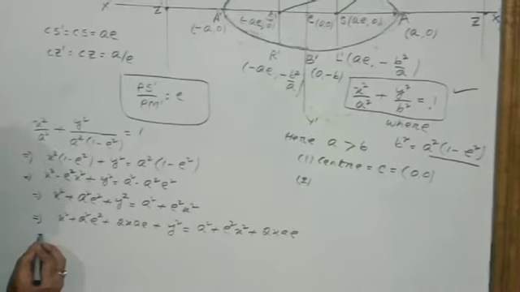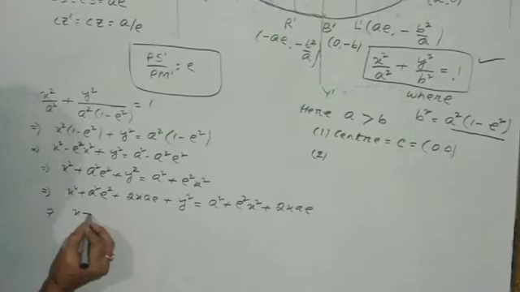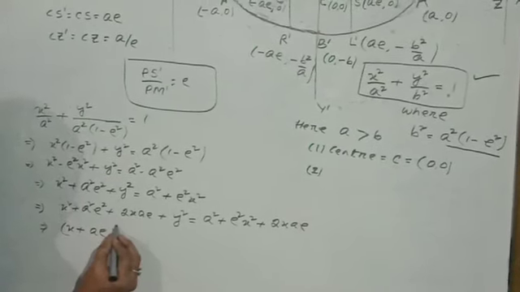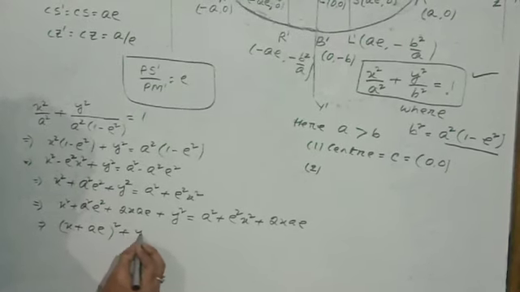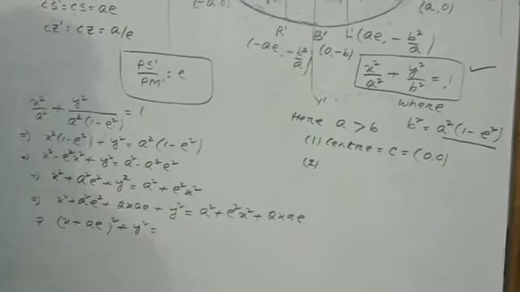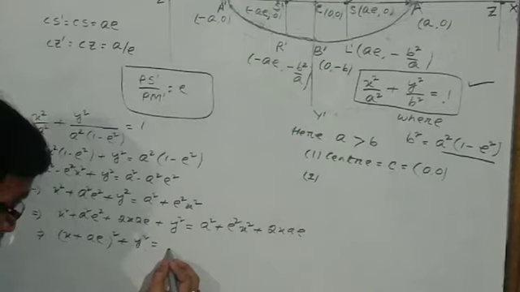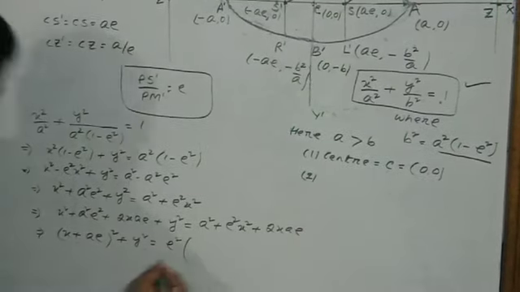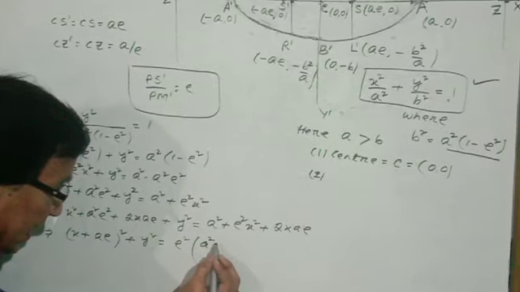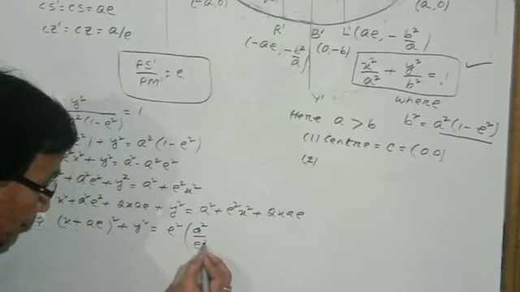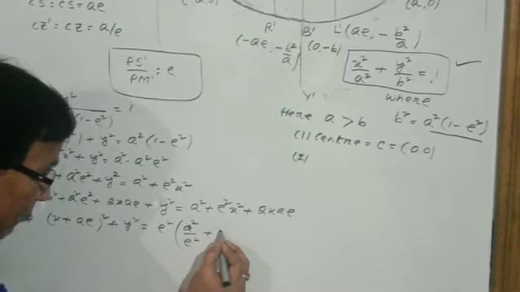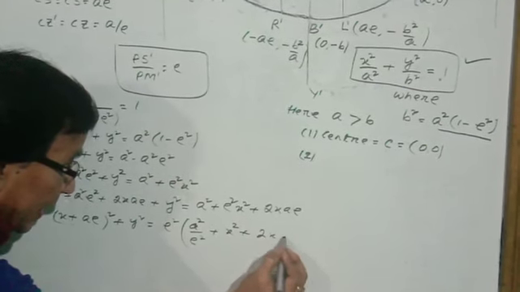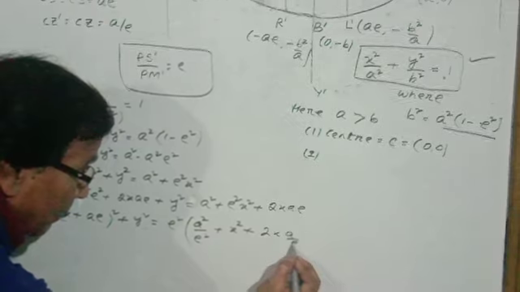Now that gives you that x plus ae whole square plus y square is equal to e square, taking common, we are getting that a square by e square plus x square plus 2x a by e.